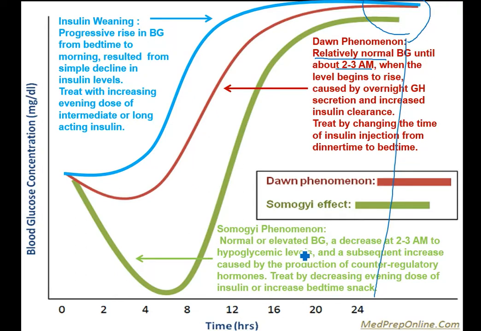There is a normal or elevated blood glucose level, then the blood glucose level starts to decrease at 2 to 3 a.m. to a hypoglycemic level, after which comes a hyperglycemic level, with a subsequent increase of the blood glucose in the morning. This is caused by the production of counter-regulatory hormones. In this situation, decrease the evening dose of the insulin or increase the bedtime snack.